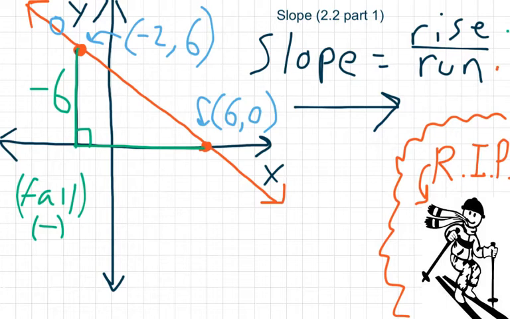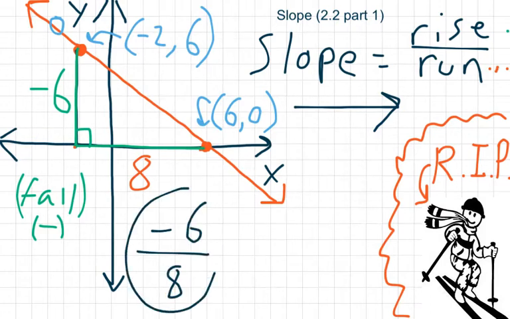Now the other one, the run. I go from -2 to 6. That's a difference of 8. I'm moving 8 spaces across. So again, rise over run. So this one's going to be -6 over 8. That's my slope. Is that the best answer? Well, of course not. I can reduce that fraction.